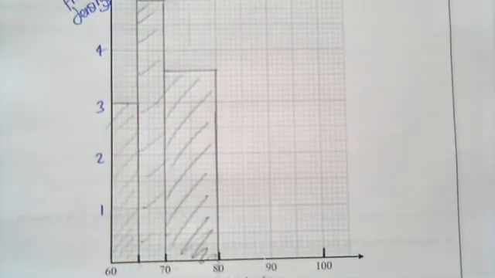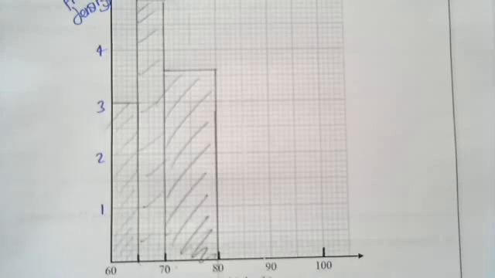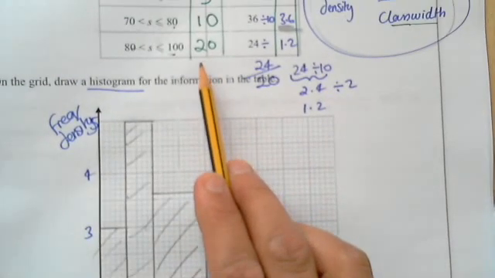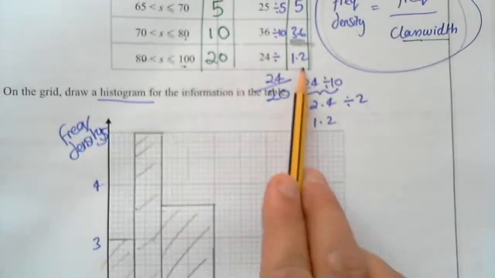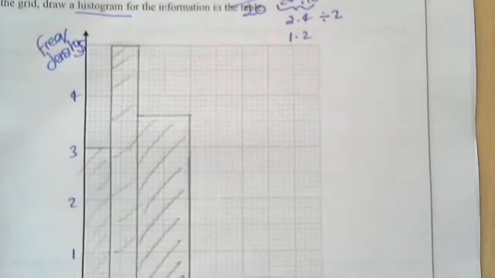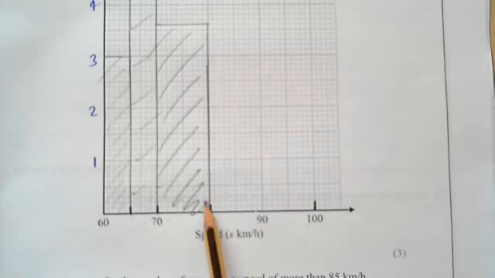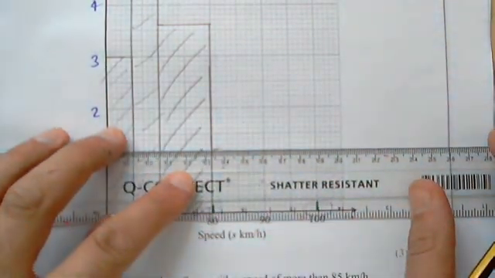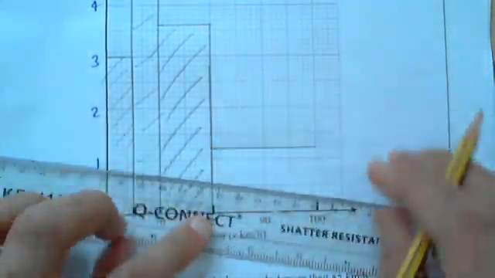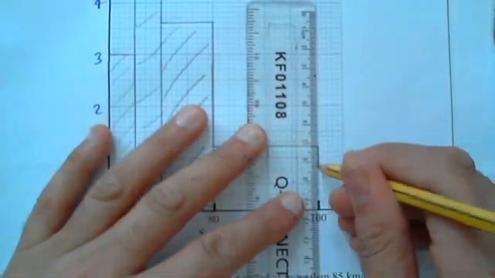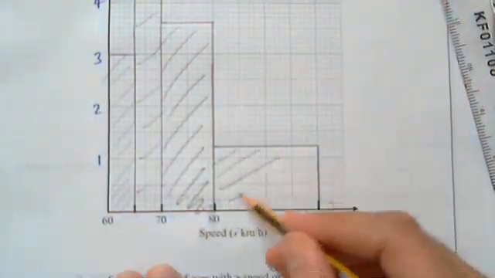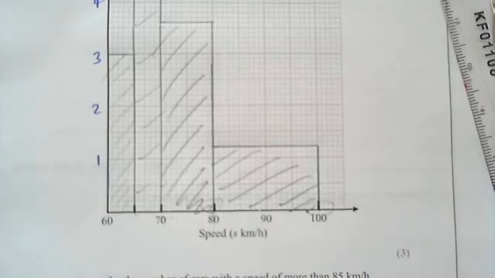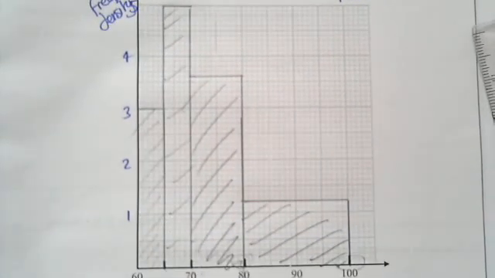Now the fourth bar is going to be the wide one. From 80 to 100, the height will be 1.2. Here's 1, here's 1.2. And there's the histogram complete.